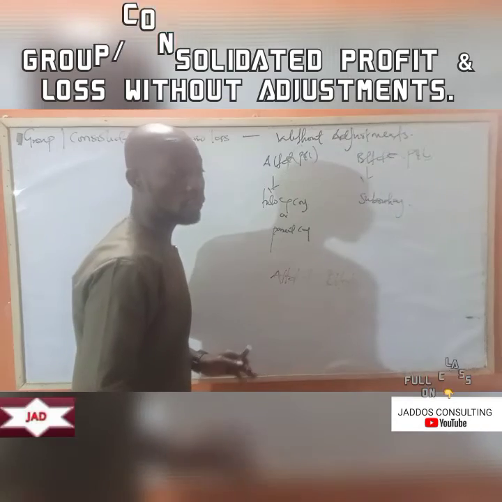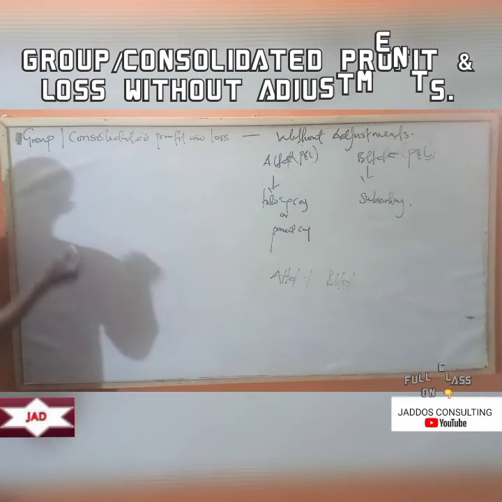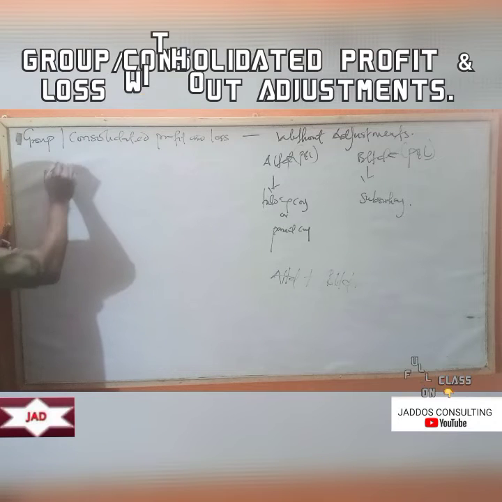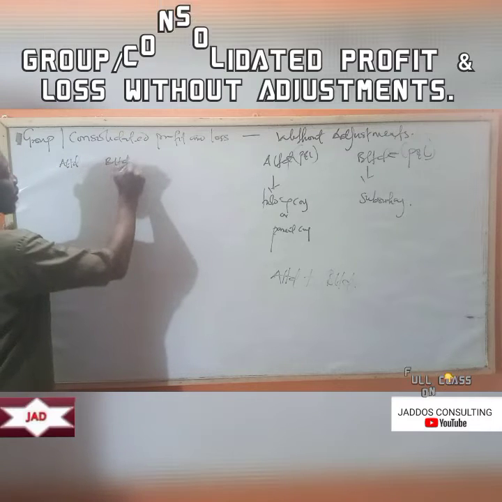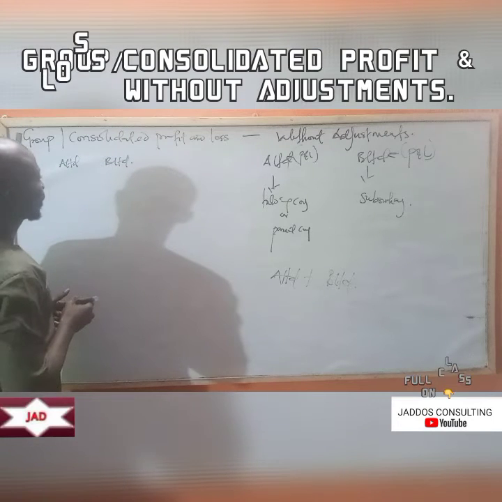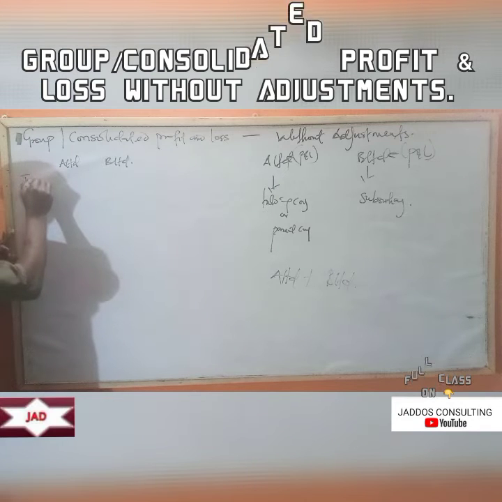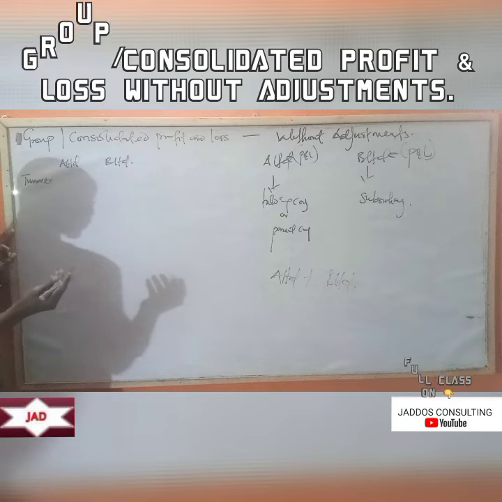Okay, so of course you would agree with me that, let's say we have A Limited, and then we have B Limited. So what do we have here? We have turnover. You should know that by now.